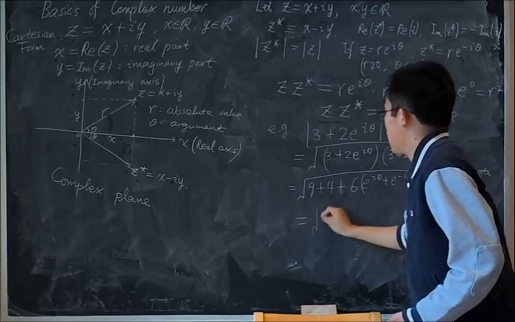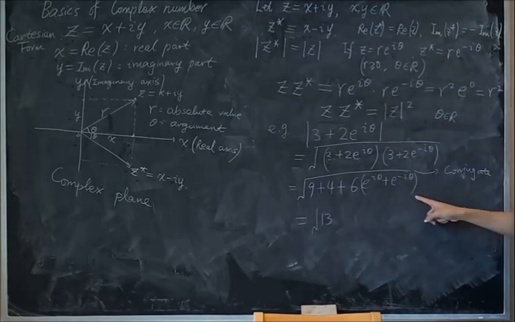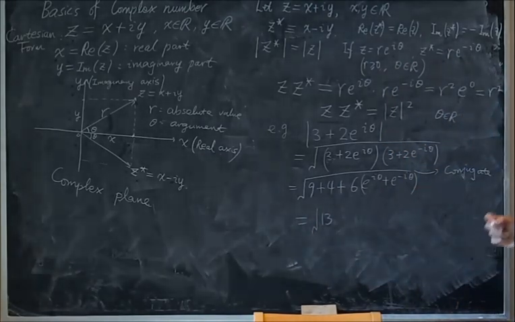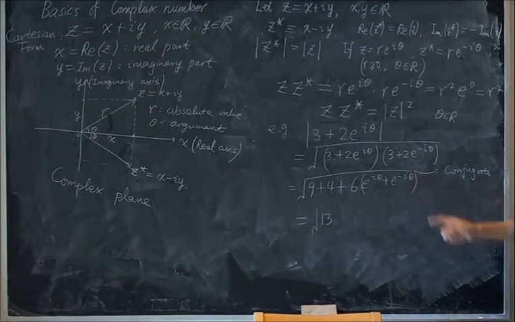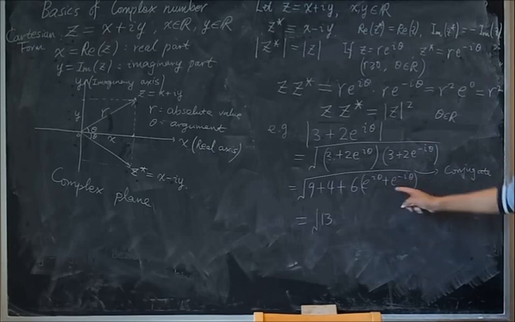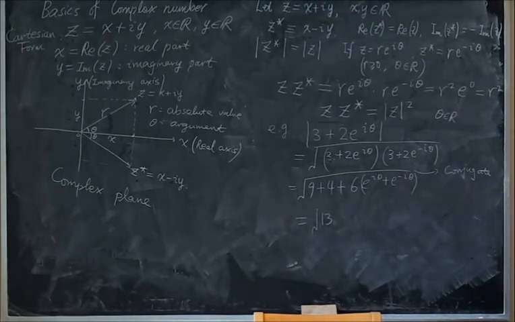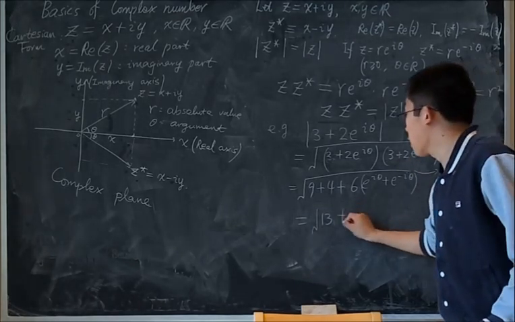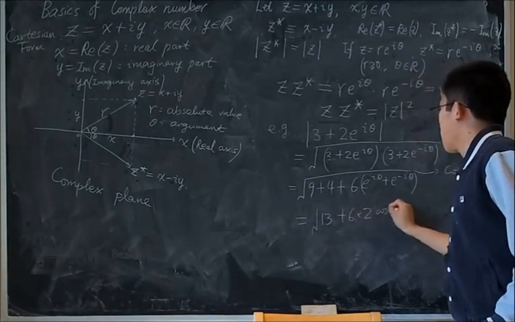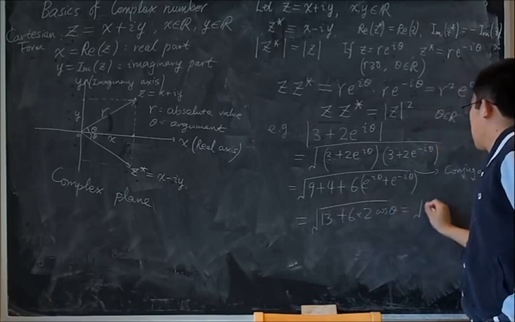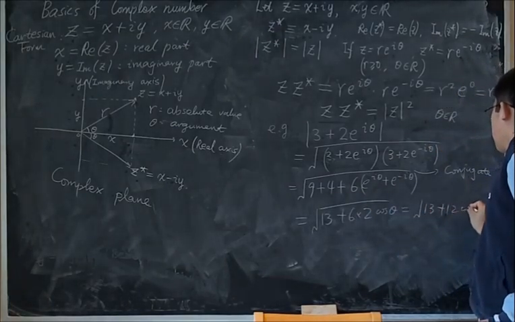This gives me 13. And over here, e to the i theta is cosine theta plus i sine theta. e to the negative i theta is cosine theta minus i sine theta. So if I add them up, the sine theta terms cancel each other, but the cosine term is multiplied by a factor of 2. We have 2 cosine thetas together, so that's 6 times 2 cosine theta, and the answer is 13 plus 12 cosine theta.